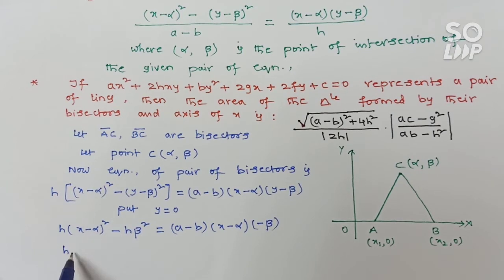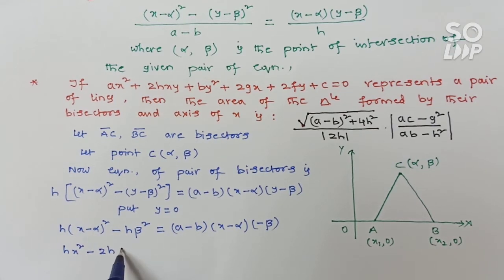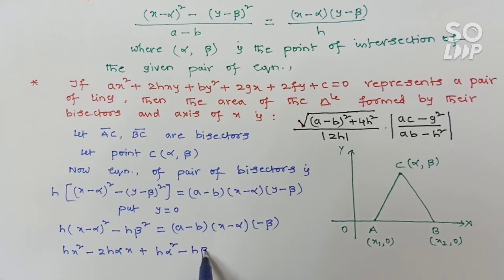This is h into x square minus 2h into alpha into x plus h into alpha square minus h into beta square.